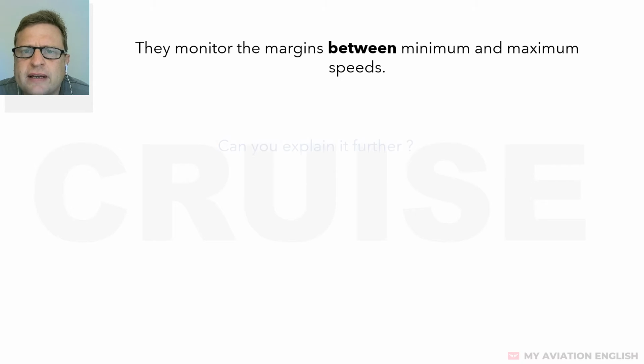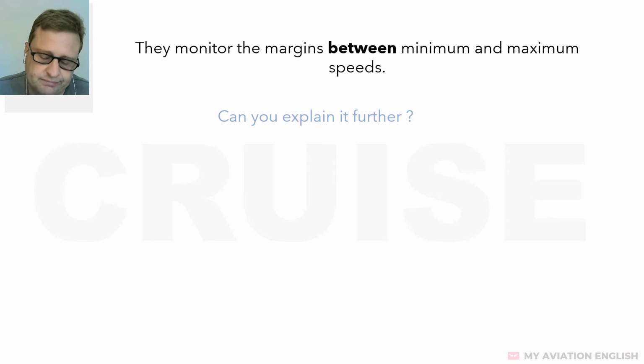Cruise things, cruise actions. The margins between, is there anything? Margin. Okay, let's talk a little bit about margins. Can you explain it further? Monitor margins between minimum and maximum speed at cruise. Why does it happen? What is it? Because when the airplane is flying, there are many kinds of speeds that must be respected, like stall speed, the minimum speed that the airplane could maintain flying.